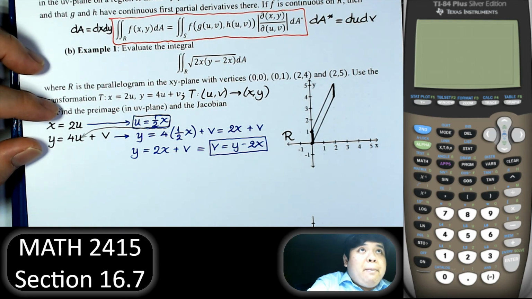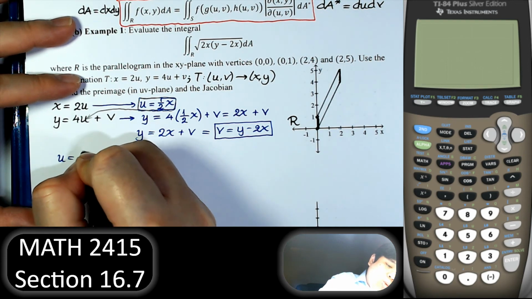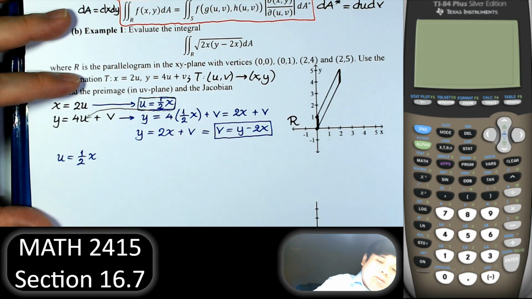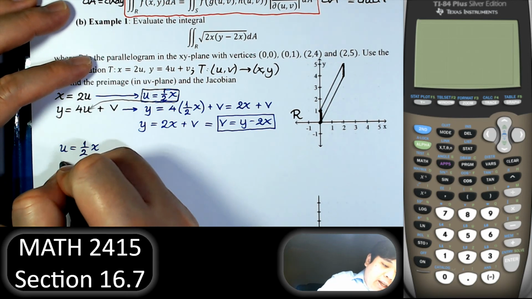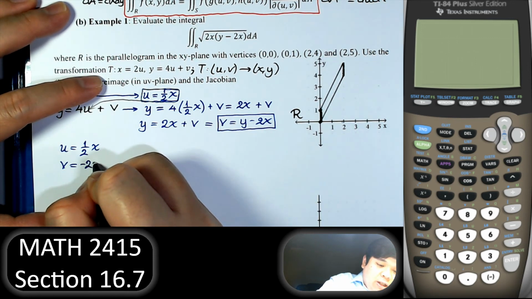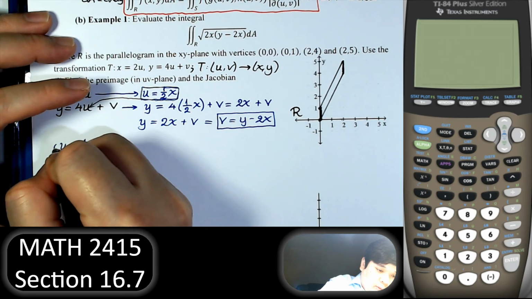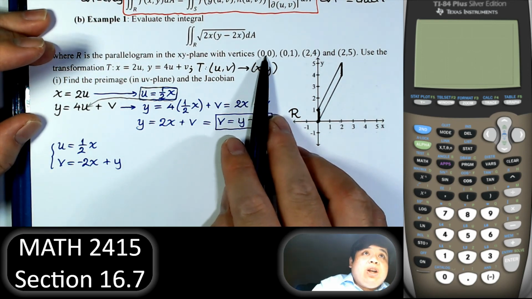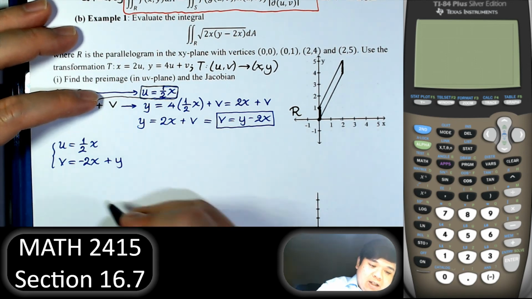So why do we need that? Because we need to find the pre-image. So we have u is equal to 1/2 x and v is equal to y minus 2x, or minus 2x plus y. Now it's easy. We can write u and v in that form. So we can just make a little table like this.